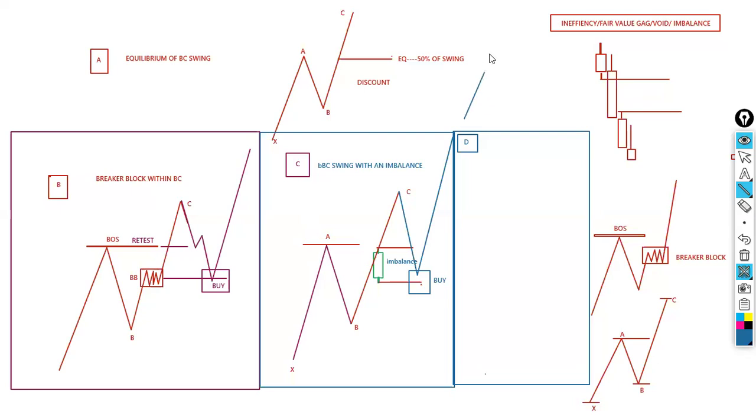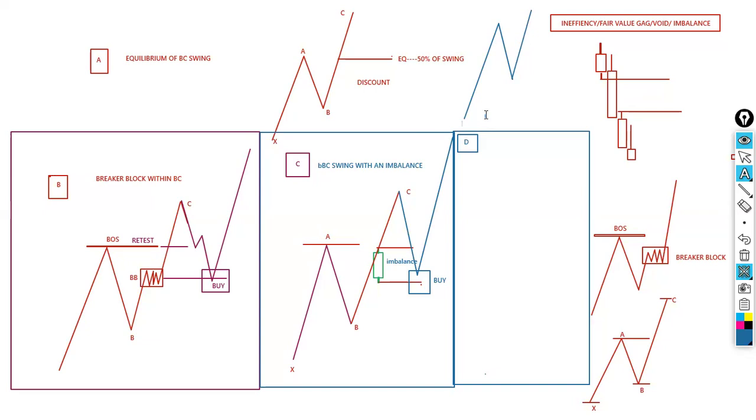So what if we had something like this, and then the market made a pullback like this, and then we'll have something like this. Please pay attention. With time we are going to understand what this means. I don't expect that everybody will grab what I want to explain right now.